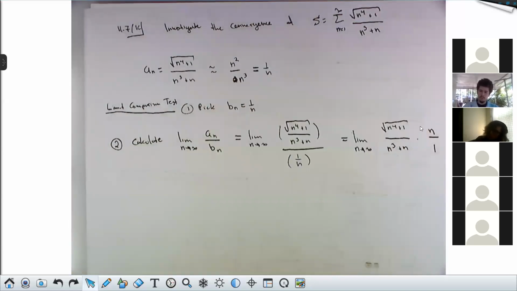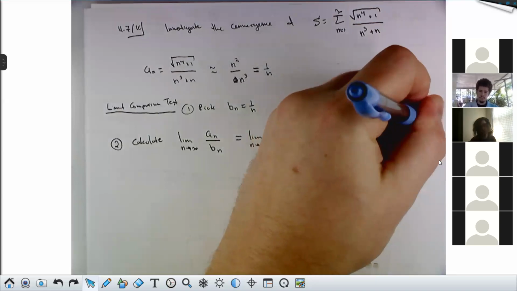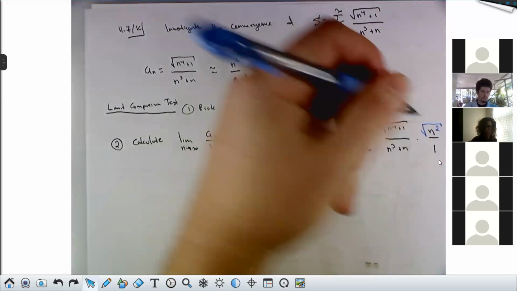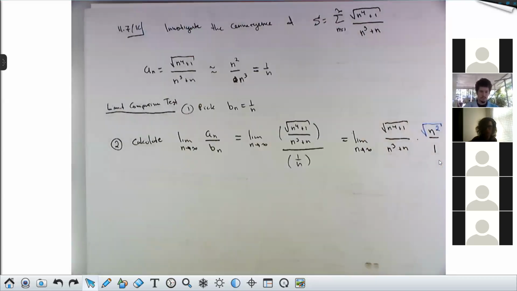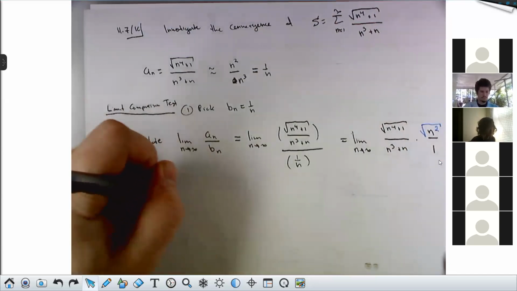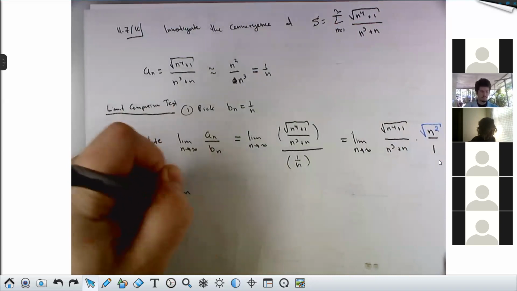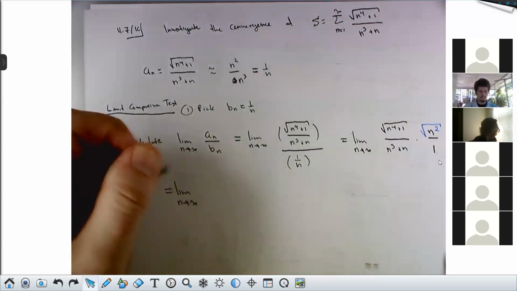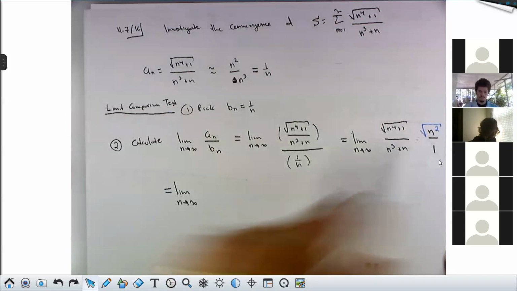And so upstairs, I would like to combine these. Downstairs, there's really not much to do. The trick to getting that n in upstairs is to treat it as the square root of n squared. Now I can distribute it inside the square root. Square roots don't play nice with addition or subtraction, but they do play nice with multiplication.